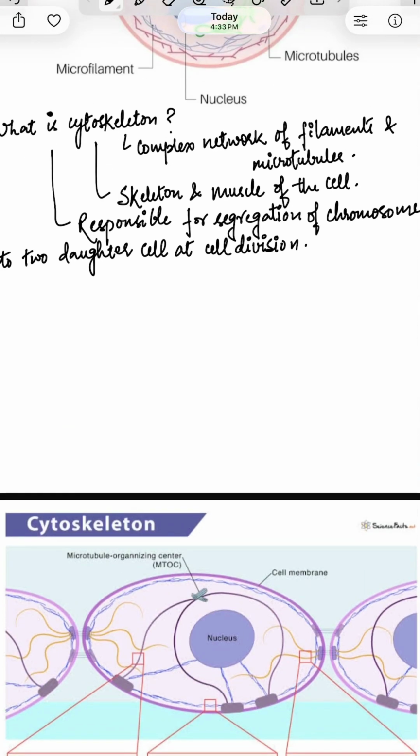Their sizes are given and their shapes are also shown in these diagrams. Here in this cytoskeleton diagram you can see near the nucleus how the MTOC, microtubule organizing center, is present.